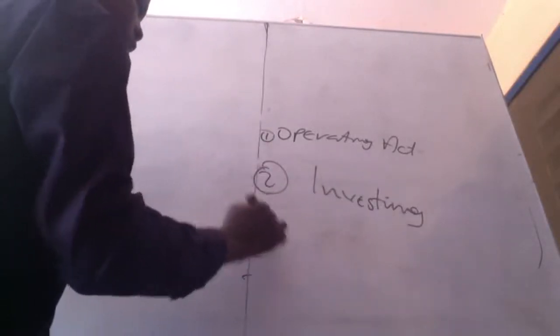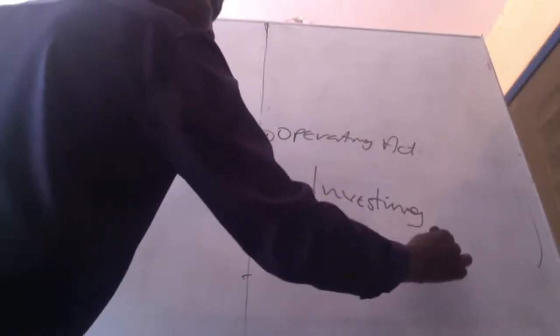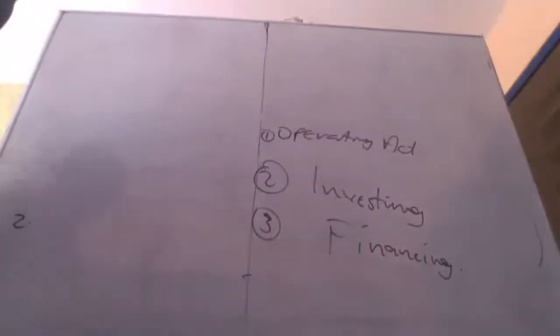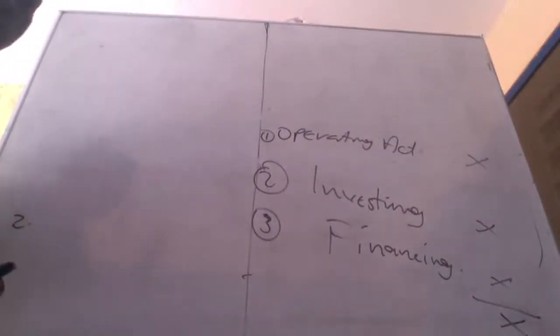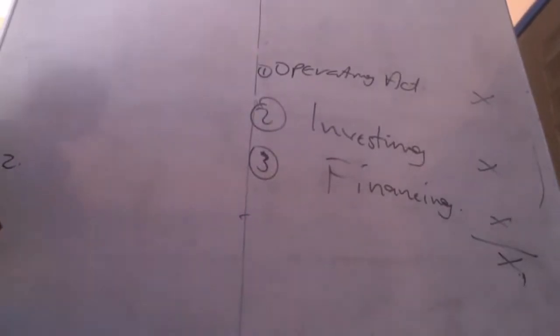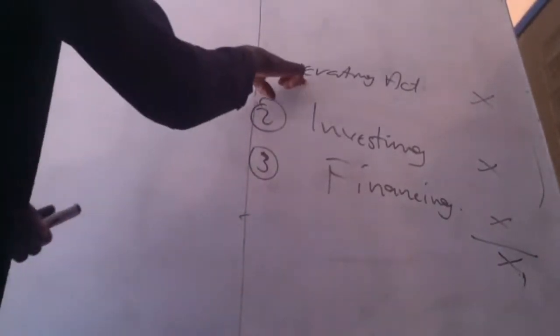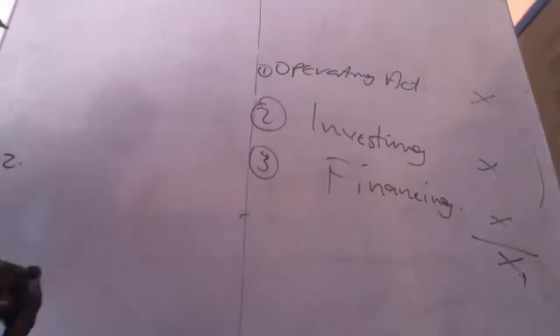Then three, financing. So this is the cash movement for the year. Now what we do is this: you should know what goes under operating activity, what goes under investing and then financing.